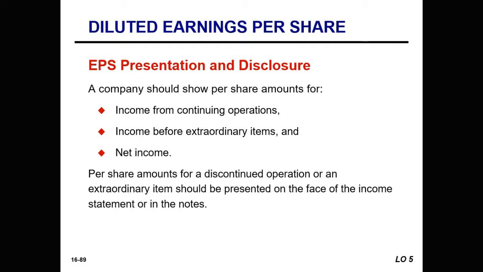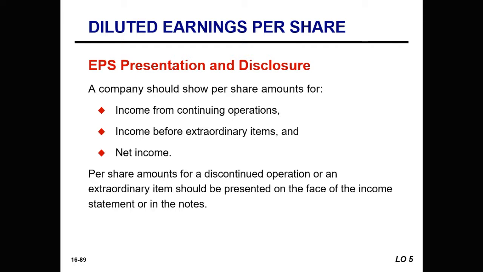Now we'll begin talking about some of the things that you need to know about the presentation of EPS and the disclosure of EPS. As with anything else that deals with accounting, there's a lot of disclosures and presentation that are required.